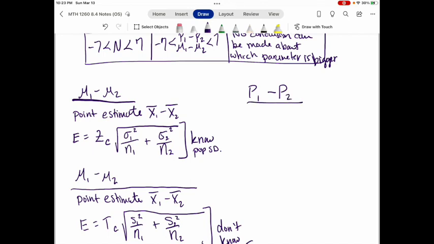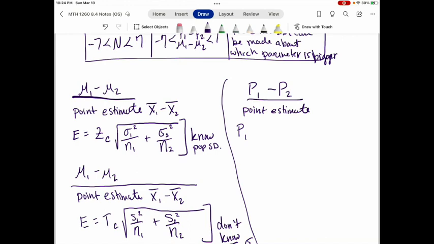Okay, now, the last one, when you're comparing two proportions, the point estimate is going to be your proportion from the first sample minus your proportion from the second sample. Sometimes I forget to put my prime in there to indicate that it's coming from a sample. So if I forget to do that, just remember that the point estimate is coming from the sample, not the population.